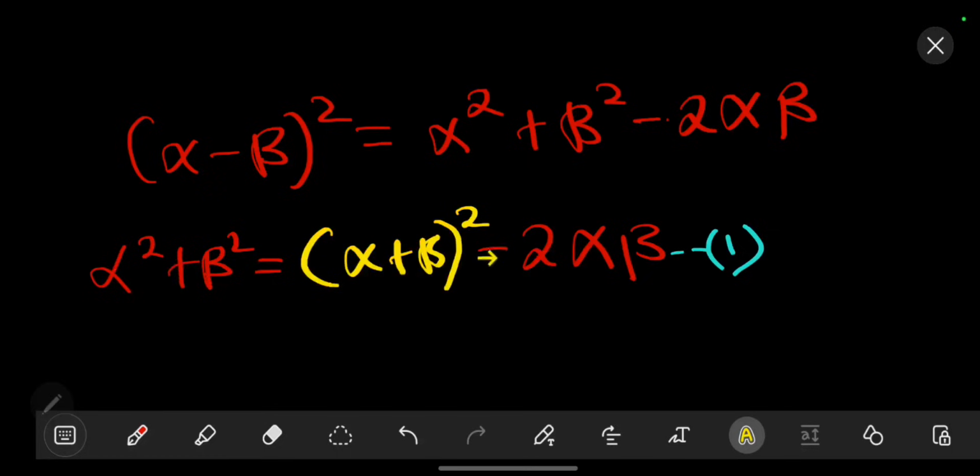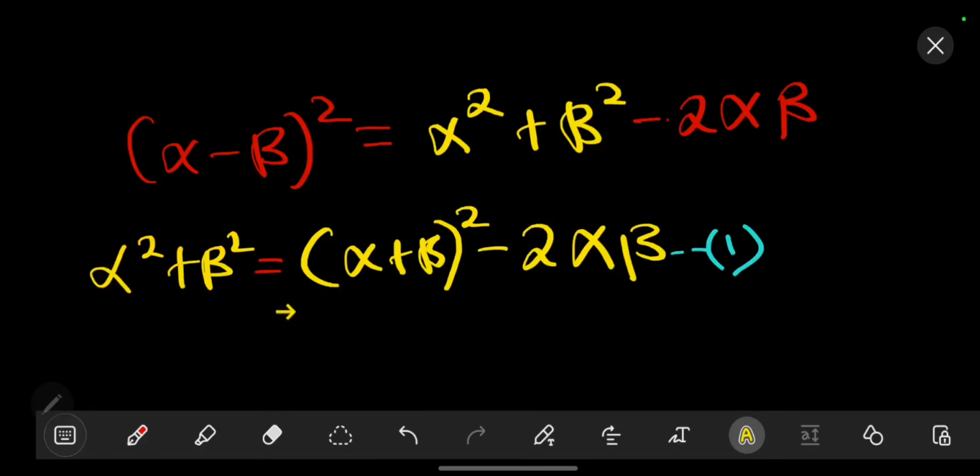So what is common is we have this and this. So wherever you see your alpha squared plus beta squared, always replace this value. So this value can be used to find the value of alpha squared plus beta squared.